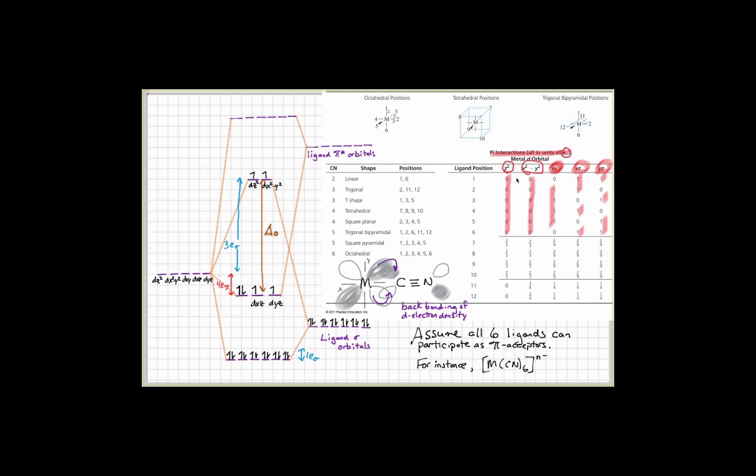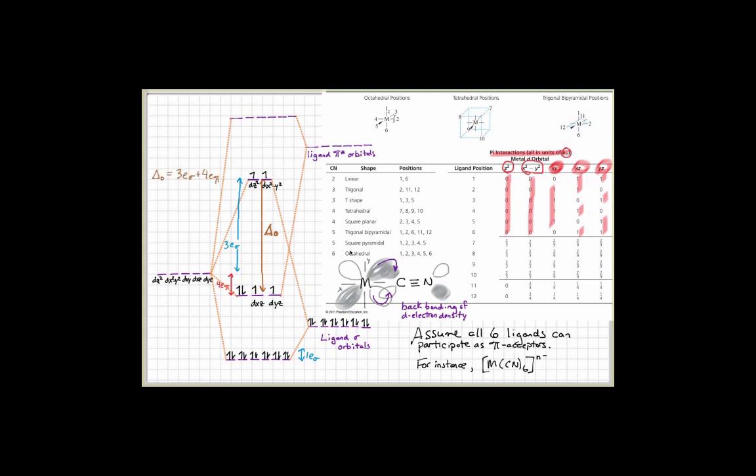So whichever d orbitals you find have overlap with the ligands and the positions based on whatever particular geometry you happen to be studying, those d orbitals will be raised up in energy by the unit of E pi, determined by the positions in the table.